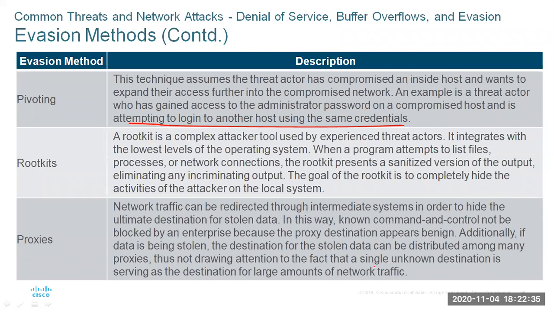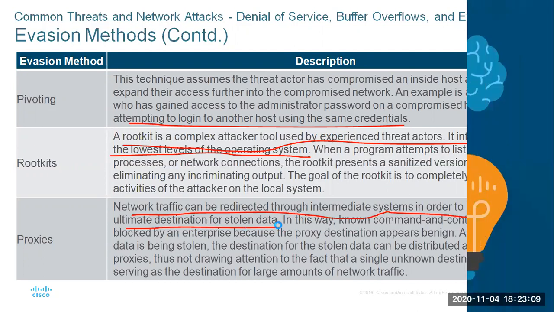That is pivoting. Now, a rootkit, as we talked about earlier, is a complex attack tool used by experienced threat actors and is integrated into the lower levels of the operating system, so it is targeted at operating systems. Then proxies: network traffic can be redirected through an intermediary system in order to hide the ultimate destination for stolen data.